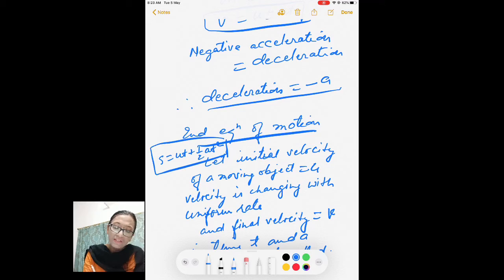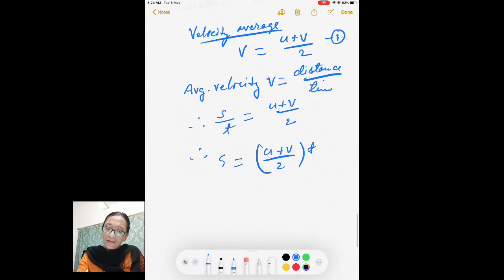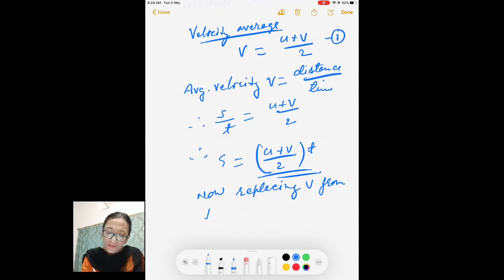Now, the second equation of motion is s is equal to ut plus half at square. In this equation, you can see you have u, you have t, but you have not v. So we will replace v from the first equation of motion.